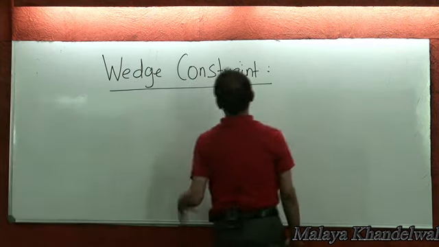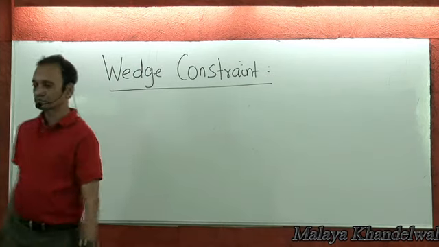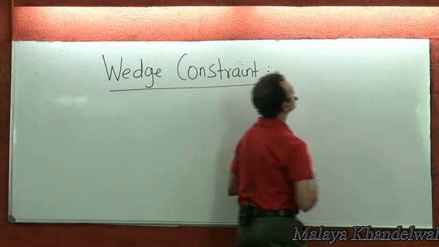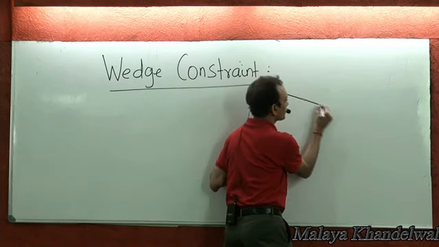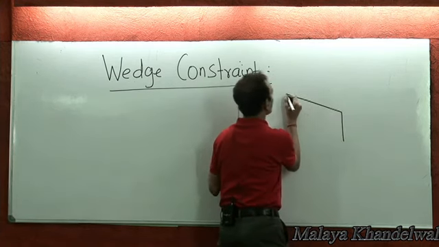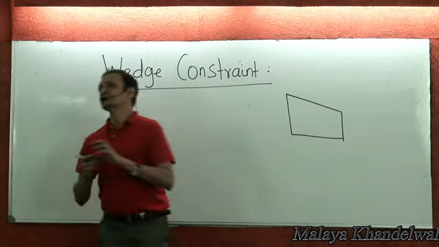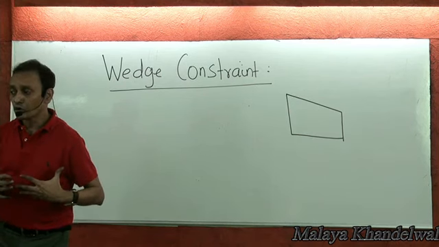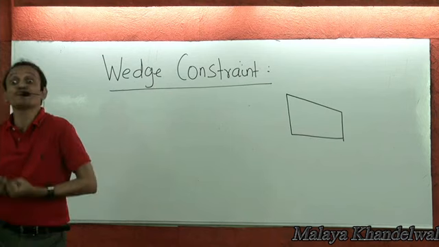Now a wedge constraint. Now what is it that I mean by a wedge constraint? Say if this is a wedge, we will look upon a wedge as a block or a non-deformable entity.